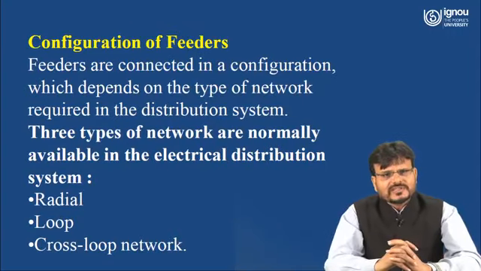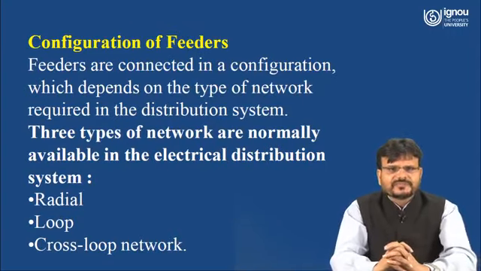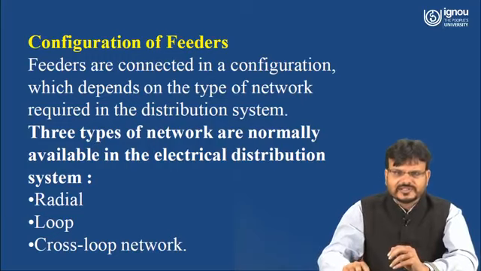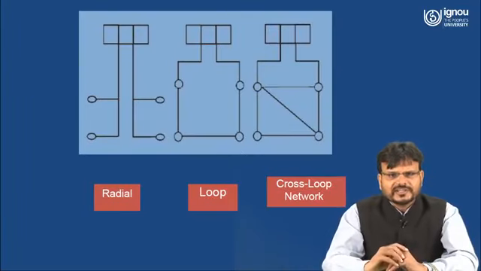And now we have to understand the configuration of the feeder. Feeders are connected in a configuration which depends on the type of network required in the distribution system. Three types of network are normally used in electrical distribution: the radial system, the loop system, and the cross loop network. Here you can see the radial in the first one, the second is a loop, and the third one is a cross loop network.